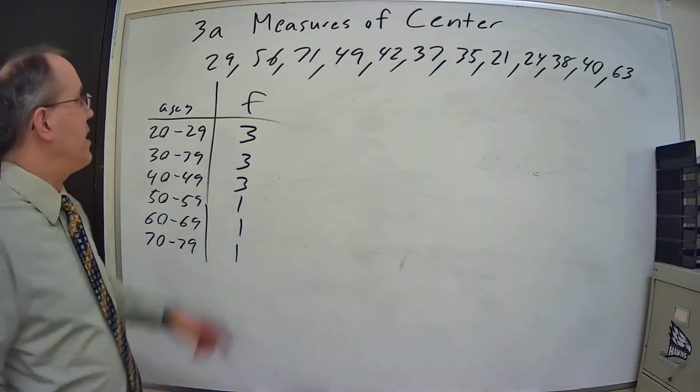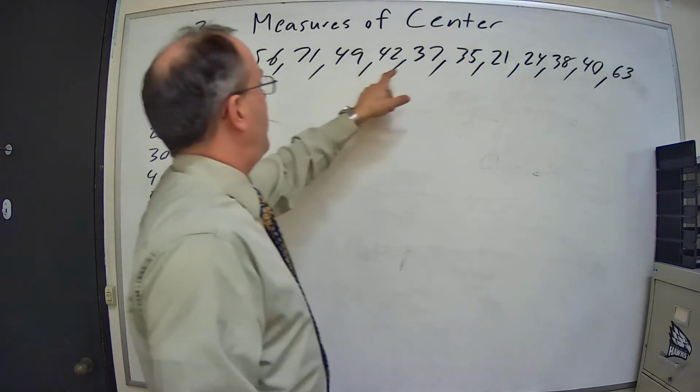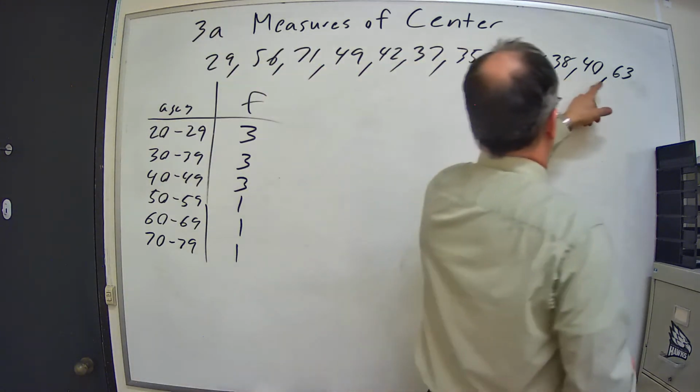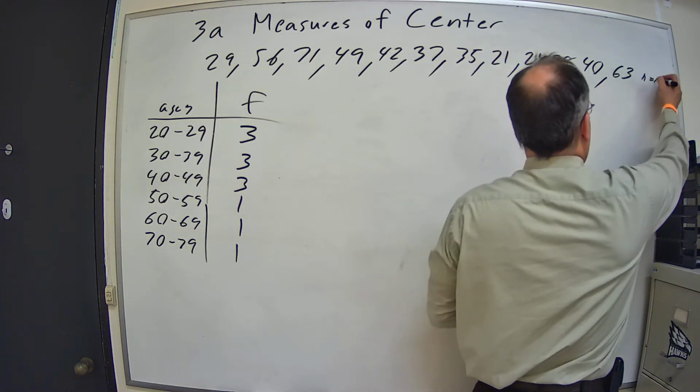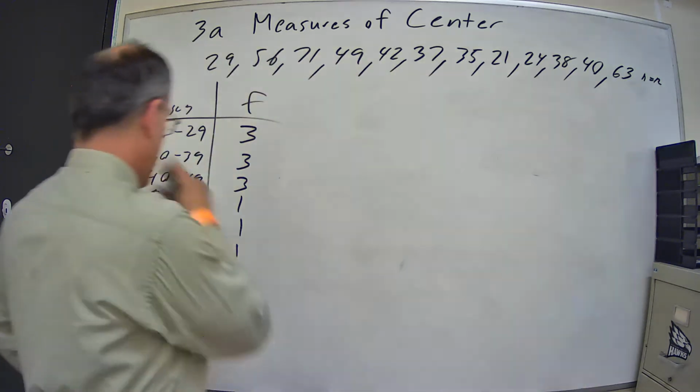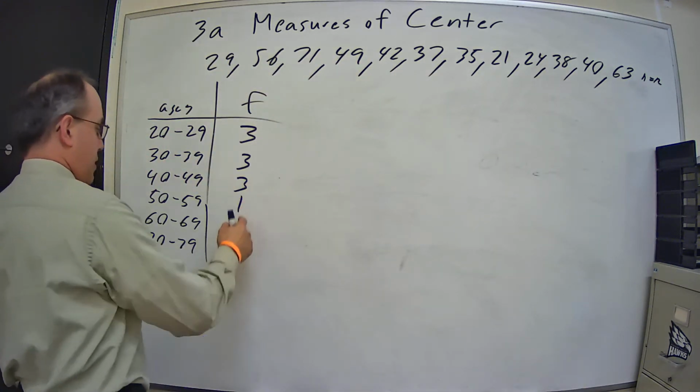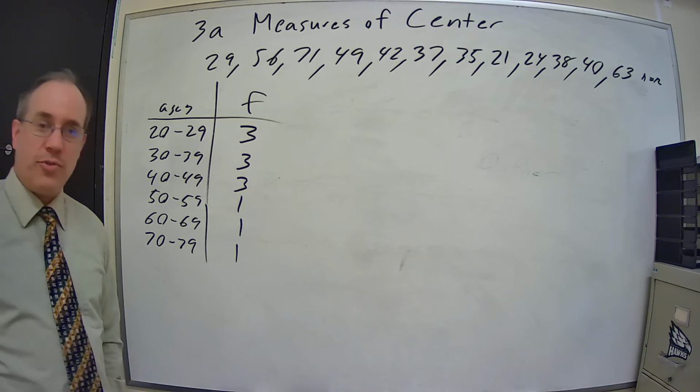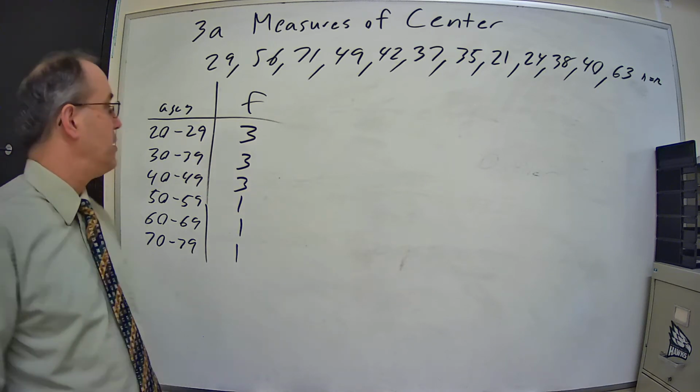And again we do that sanity check: 1, 2, 3, 4, 5, 6, 7, 8, 9, 10, 11, 12. We sampled 12 individuals. Okay, so we have everybody that we want.